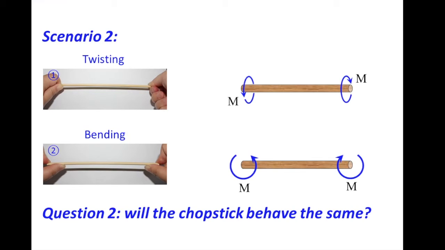The answer again is no. From your own experience, you can probably tell that from twisting, the chopstick is going to split open, a failure from shear stress, while from bending, the chopstick will break open, a failure from normal stress. This tells us that even if we apply the same loading on the same member, depending on where and how we apply it, the material will behave differently.